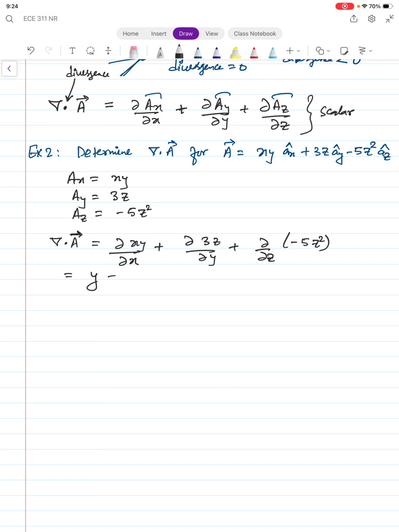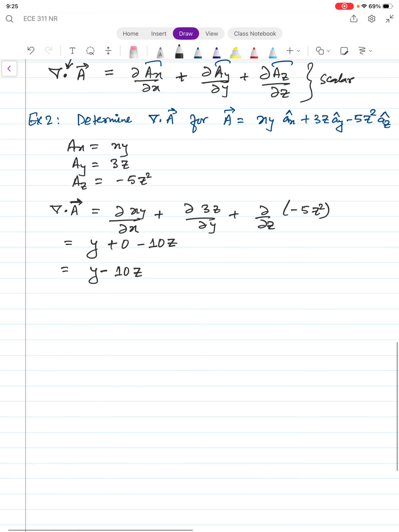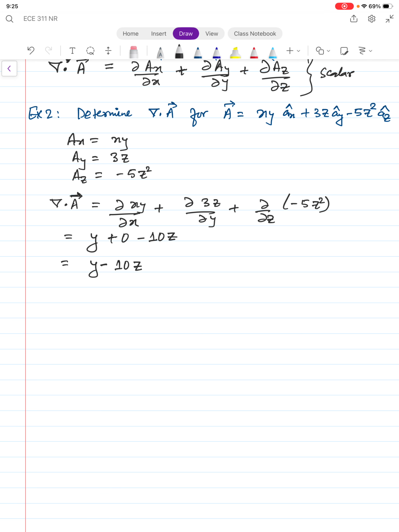Of course, the second term is 0, and the third term is minus 5 times 2, negative 10 z. This gives us the result y minus 10z. We don't have x, y, and z defined in particular, so we'll just stop here on the general form.